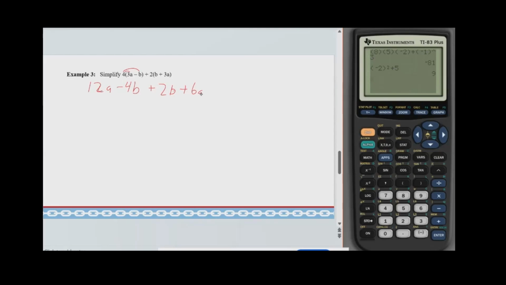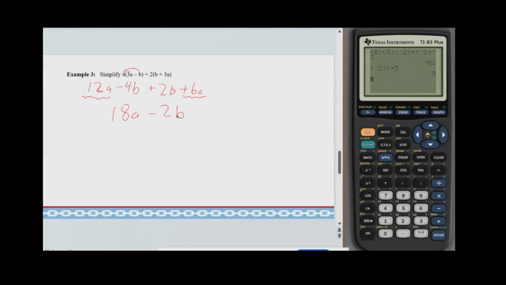And then I am going to work to combine like terms. I am going to combine the a's, right? So 12a plus 6a gives me 18a. And negative 4b plus 2b is minus 2b.